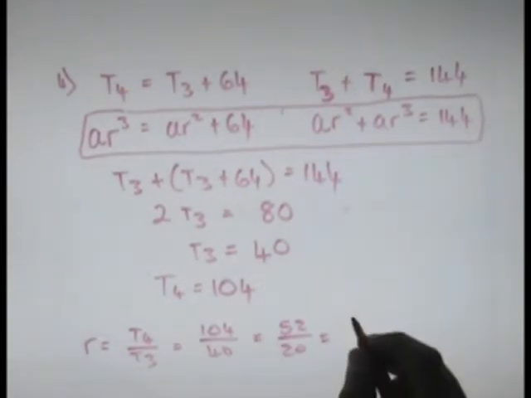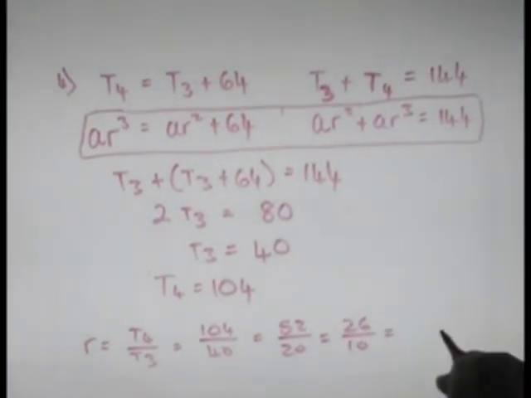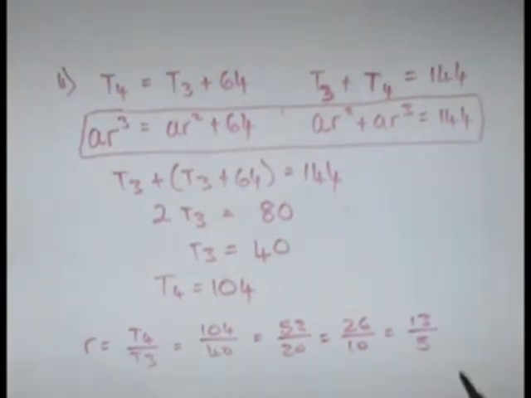Simplified again will give us 26 over 10. Simplified again gives us 13 over 5. 13 over 5 is our common ratio. That is the answer we are looking for.